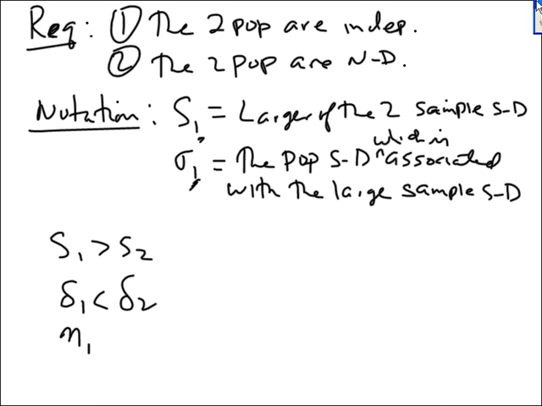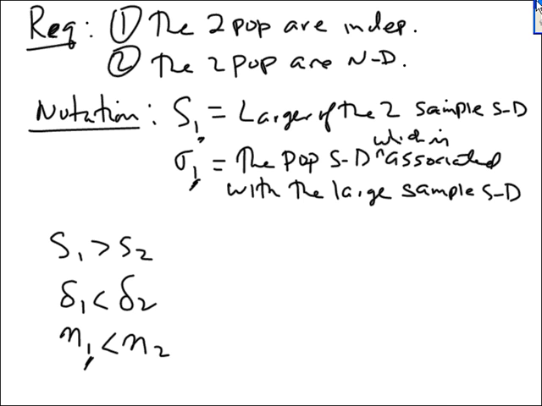It might be that n1 is smaller than n2. n1 will be the sample size of the sample that had the larger standard deviation.